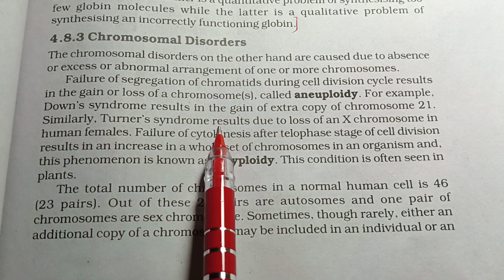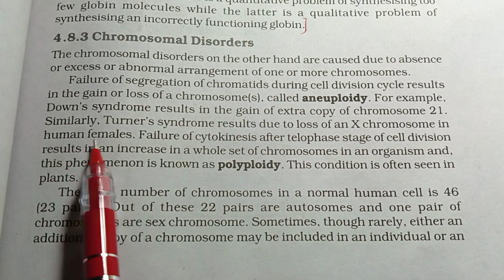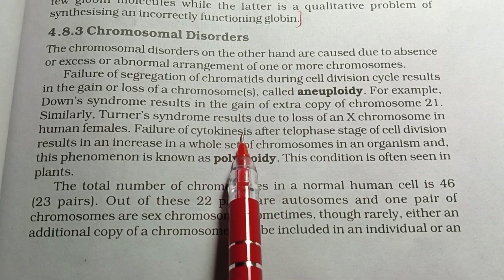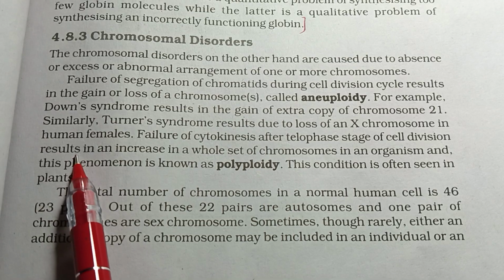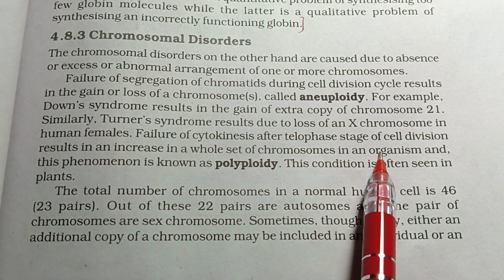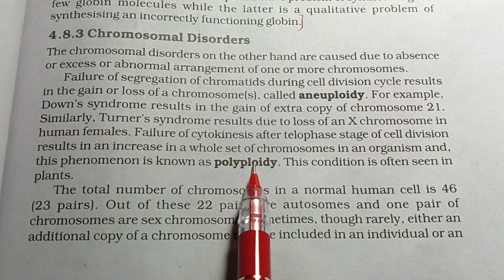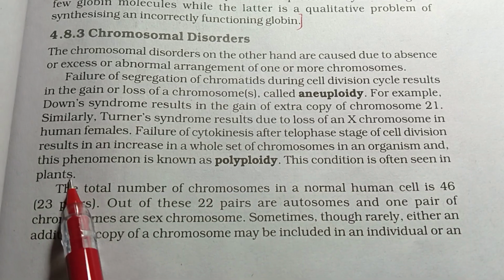Similarly, Turner syndrome results due to the loss of an X chromosome in human females. Failure of cytokinesis after telophase stage of cell division results in an increase in a whole set of chromosomes in an organism, and this phenomenon is known as polyploidy. So this condition is often seen in plants.